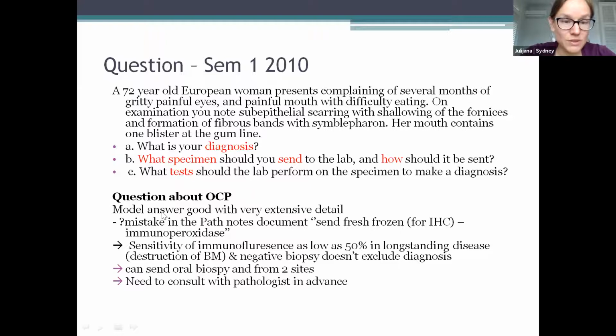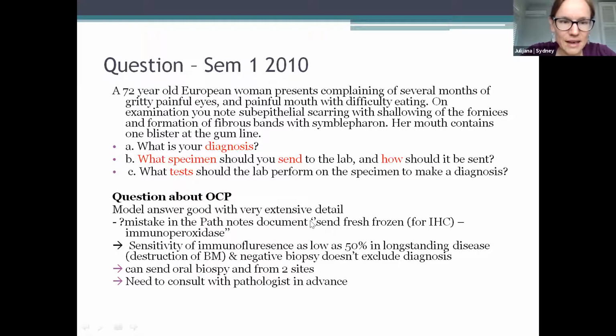I found that the model answer was very good. It had a lot more detail than I had, so I think it's just a matter of practicing and learning all those details for the exam. I did, however, in the notes available online with the way the questions are, wasn't sure if there was a mistake.